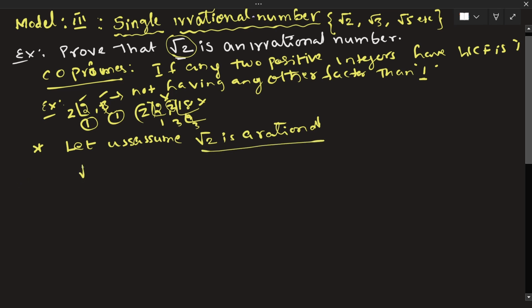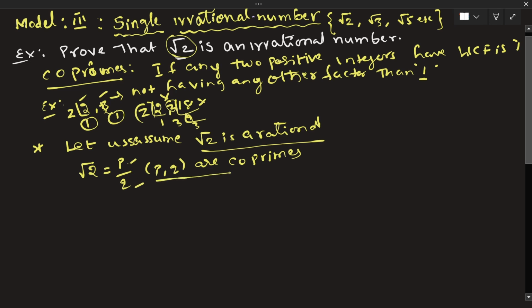Root 2 is rational, that means root 2 equals p by q, where, and this is a very important statement, students, p and q are co-primes. We are assuming that in the rational number, p and q are co-primes.